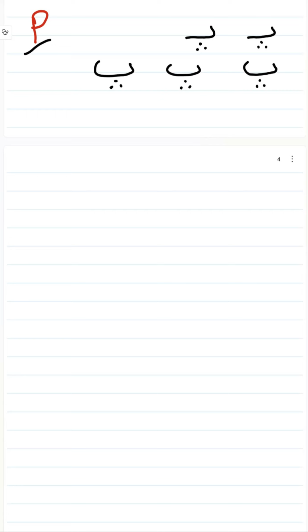Now, I need to tell you something. I hope that doesn't confuse you, and don't let this confuse you. These 3 dots, this is how primary school kids learn, okay? This is how Kurdish children from the Iraqi Kurdistan learn when they learn how to read and write in primary school, okay?